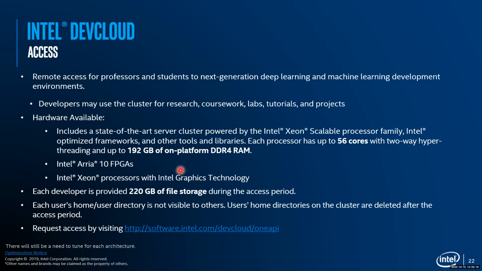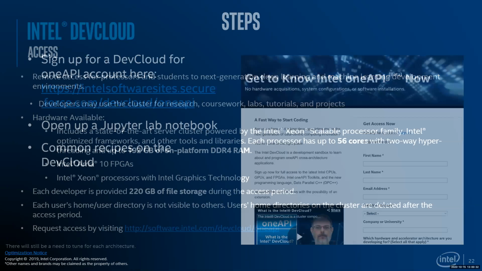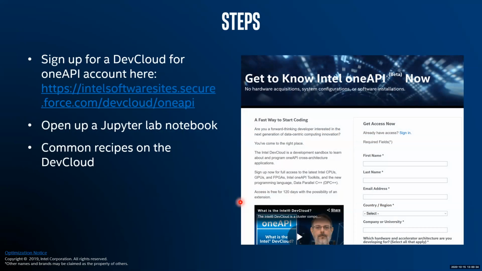You can actually request access by just going to software.intel.com and DevCloud. Software.intel.com/devcloud/OneAPI. As mentioned, you can sign up for DevCloud for OneAPI, and it is at the location below.